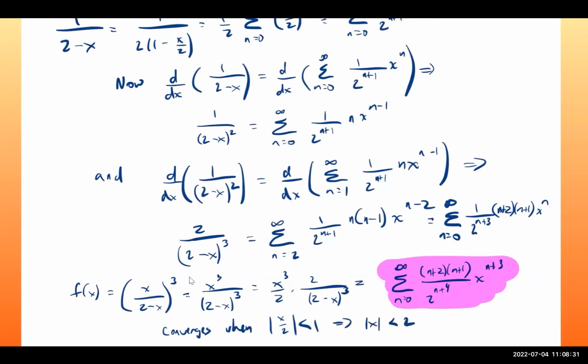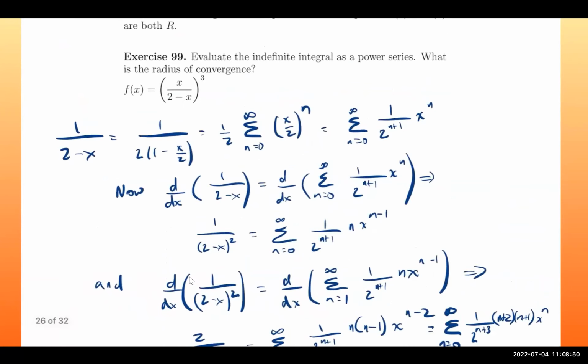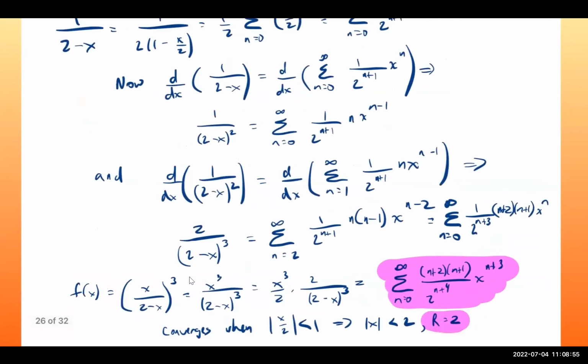That implies that the absolute value of x is going to be less than 2 when you multiply the inequality by 2, which tells us that the radius of convergence is 2, and the interval of convergence is going to, oh, actually, that's not what they're asking for. They're just asking for radius of convergence in this case. So we are done there. And that is it.